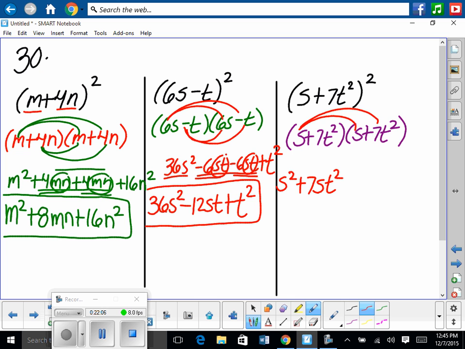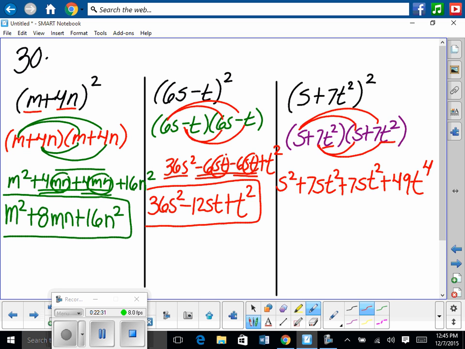You can't combine an s and a t squared. So it's just s times t squared. And then we have 7t squared times s, which is another positive 7st squared. Positive 7t squared times positive 7t squared is positive 49, and then when you multiply the same base, and they're both t's, you add your exponents, so t to the 4th.